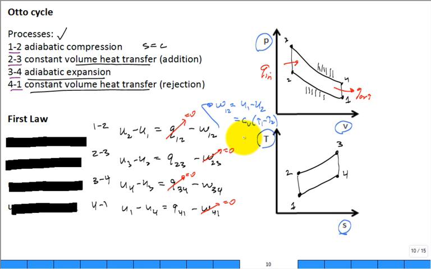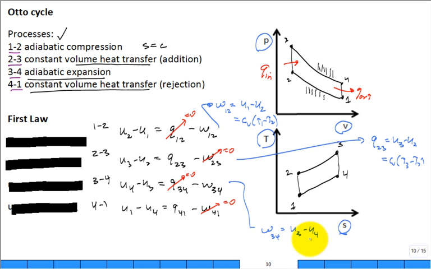Now I have it in terms of temperatures. Make sense? All right. How about now for the Q? Maybe I didn't leave enough room here, but let me just draw it over here. Sorry. Q2-3 is equal to U3 minus U2, which is equal to Cv (T3 minus T2). And this work, 3-4, is equal to U3 minus U4, equal to Cv (T3 minus T4).